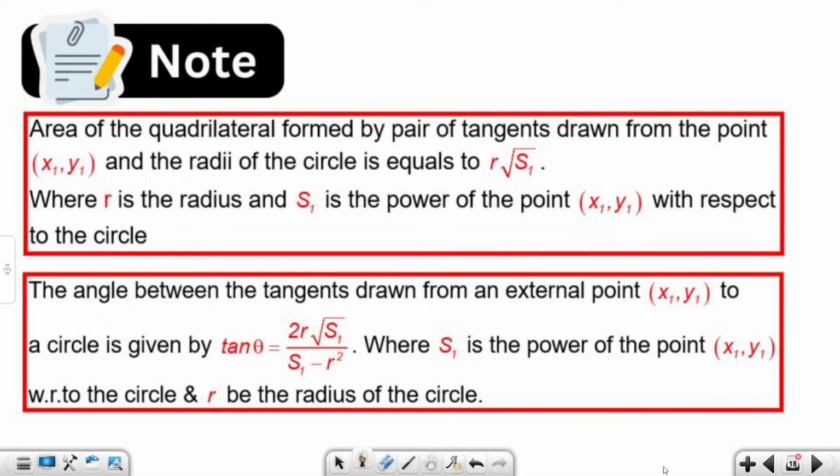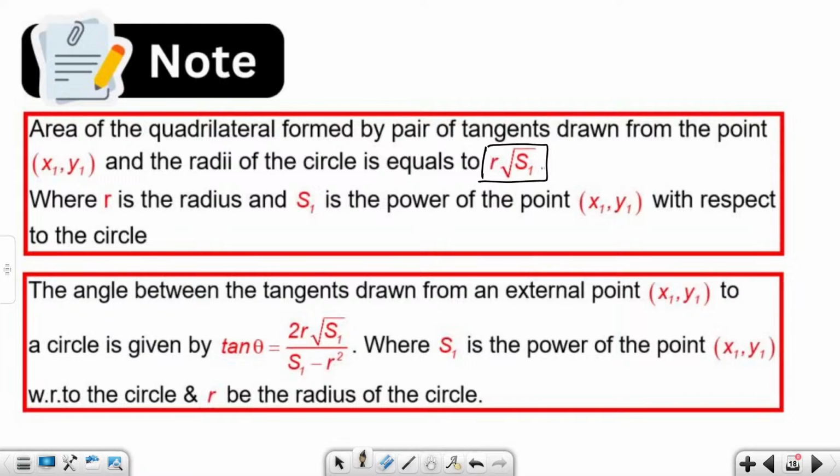Now, the second part, we must remember this. Again, I'm telling you, if possible, try to remember this formula. If not, then you have to do it the same way as I have done right now. You have to do all this workout, so that will consume your time.